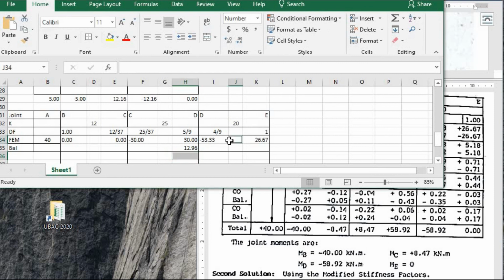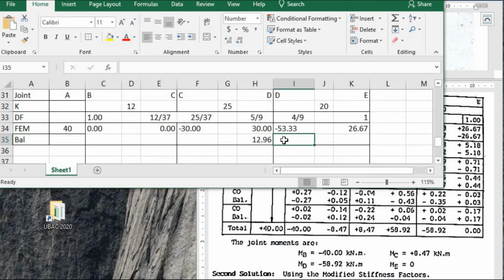Next, dito tayo ngayon sa point D with respect to E. So, equal sign and then negative, open parenthesis, 30 plus negative 53.33 close times yung 4/9, enter, balik ko dyan, then F2, and then just before letter I, you press F4.